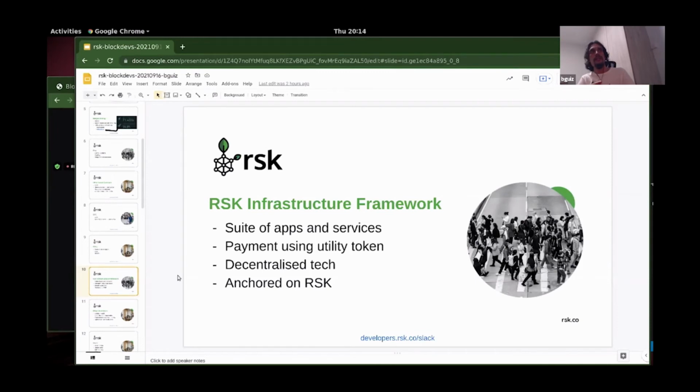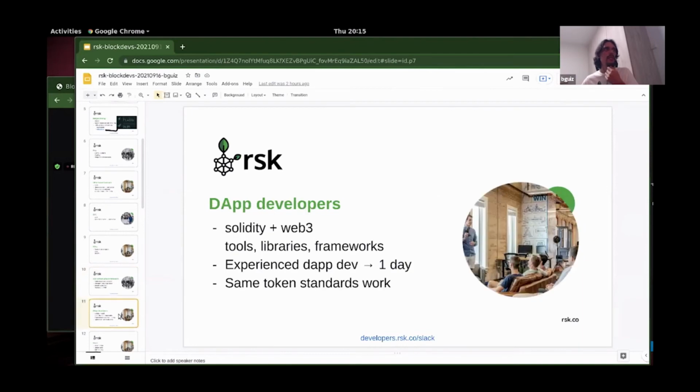They're services which I would call decentralized tech that's using the RSK blockchain, but not necessarily on-chain. There's also a RIF token, which is a utility token, and it's used to denominate payment for the various apps and services in the RSK Infrastructure Framework.